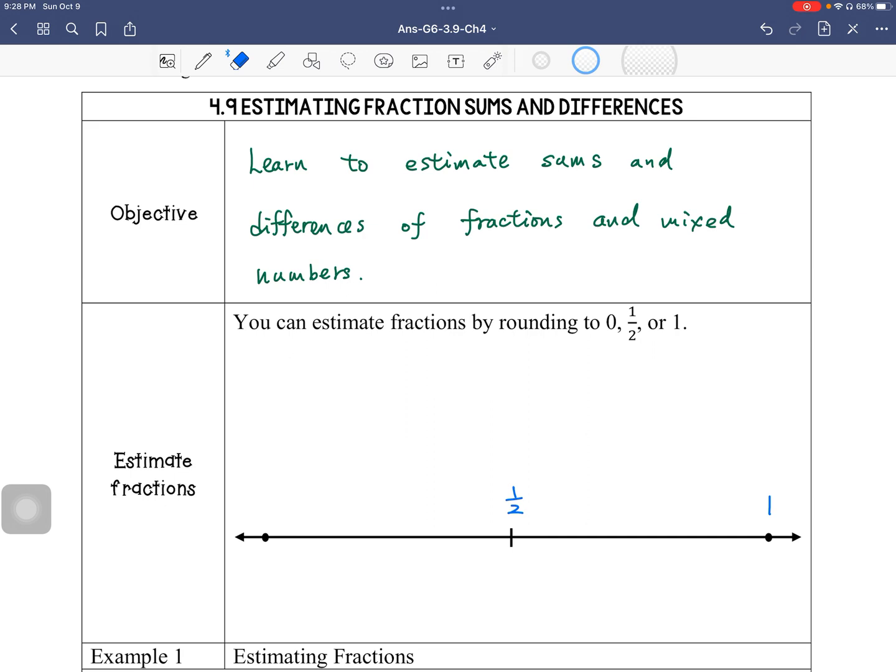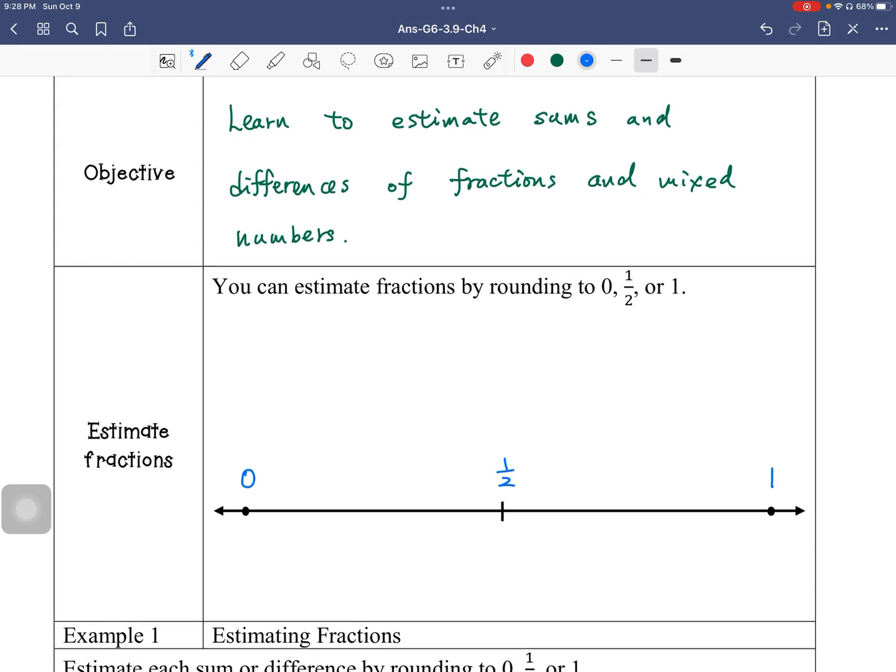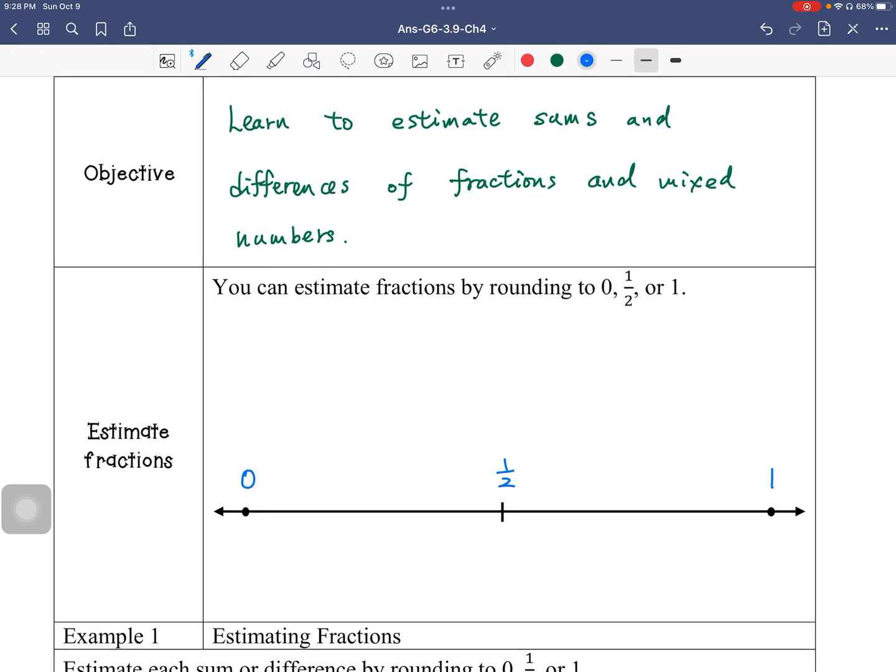When each numerator is much less than half of the denominator, we say the fractions are close to 0. The estimation is mostly comparing the numerator and denominator.